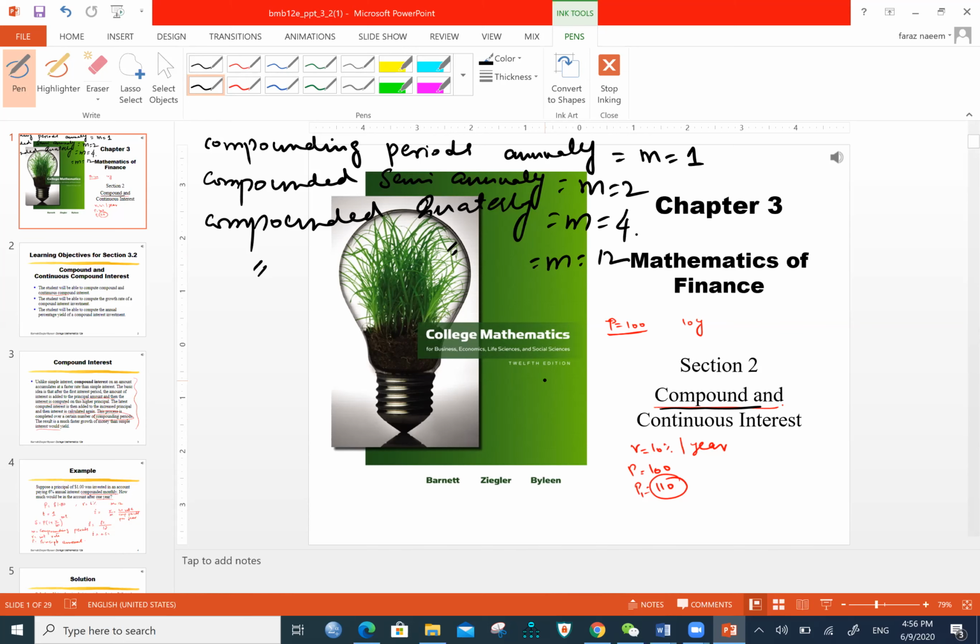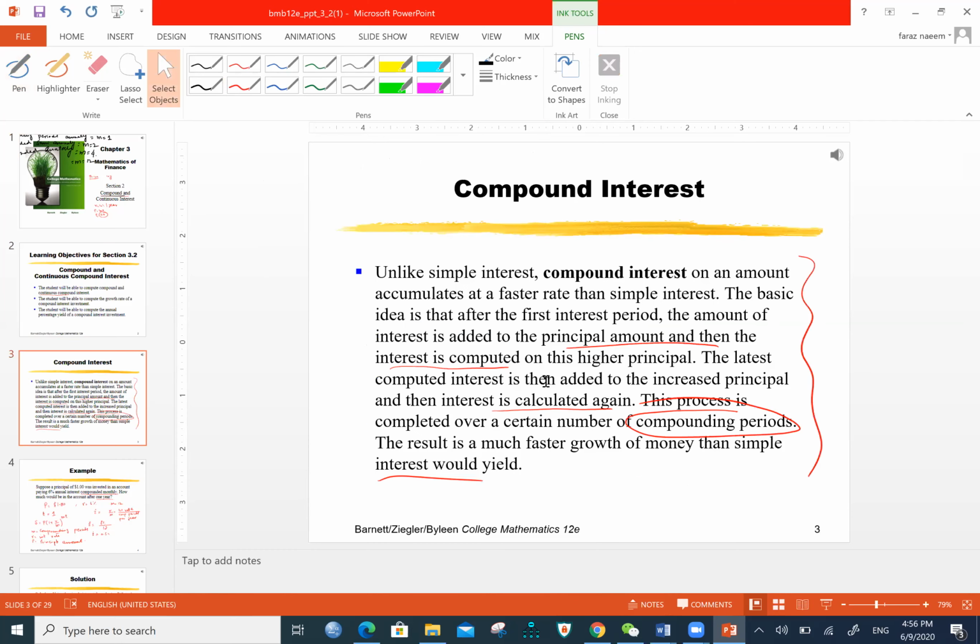So I was explaining the difference between simple and compound. In compound, you would be given compounding periods. From compounding periods, we will analyze that this is a problem of compound interest. Rest of the things are very simple; you just need to calculate the interest.